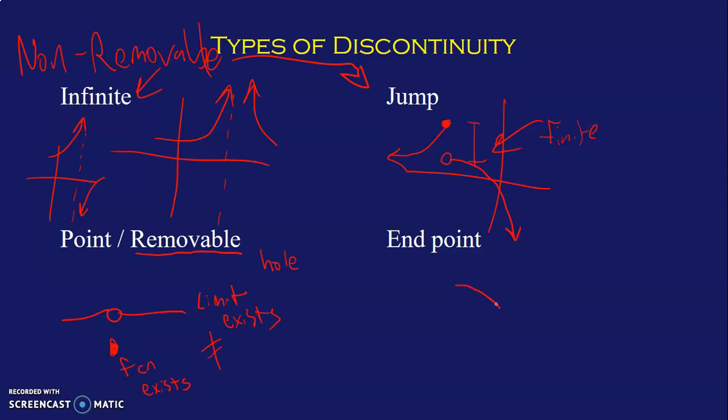If at the end of a function, so let's say it goes forever that way, but over here on the right side, if the limit coming in from the left, so let's call this c, so the limit as x approaches c from the left of this function is equal to the value of that function, then we would say that it has endpoint continuity, in this case, right endpoint continuity. And that says continuity. I know you can't read it, so use your imagination.